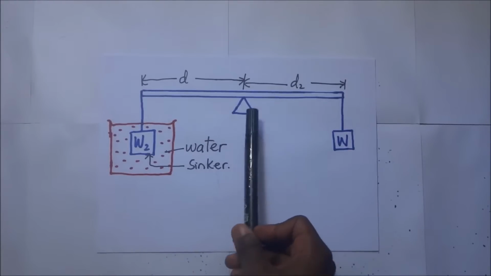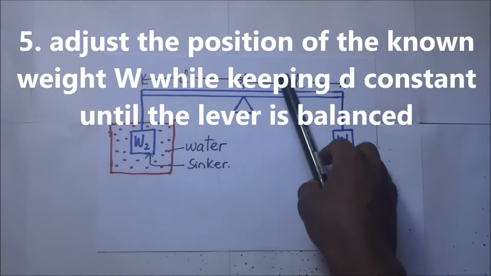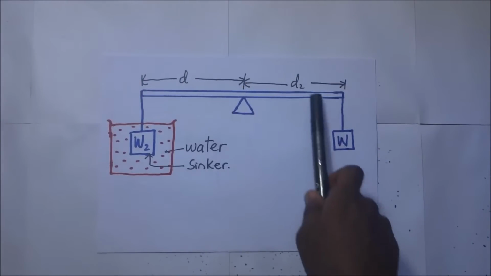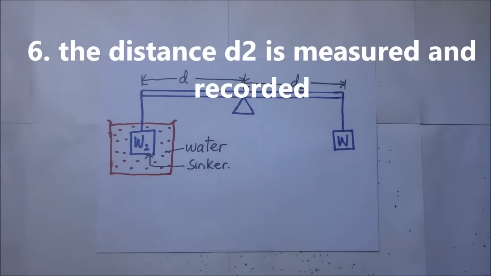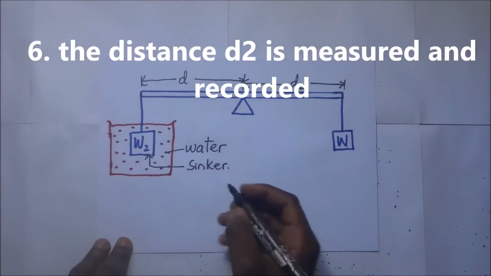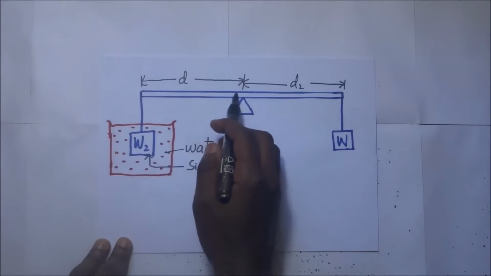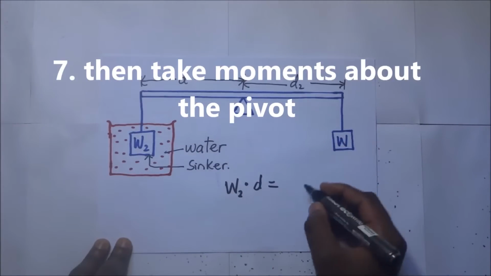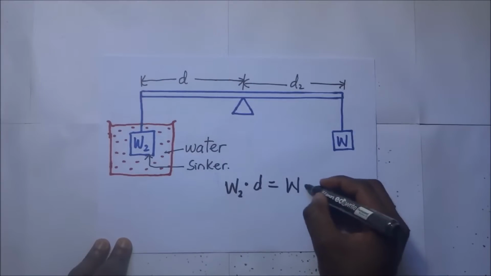When it balances, we measure and record the distance D2, and then take moments about the pivot. This gives us the weight W2 multiplied by the constant distance D is equal to the known weight W times the distance D2.